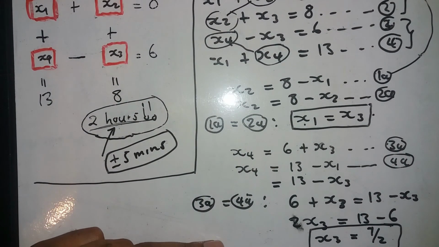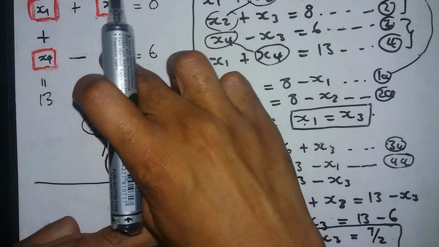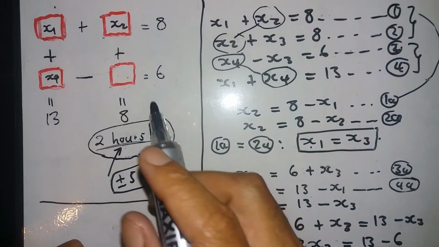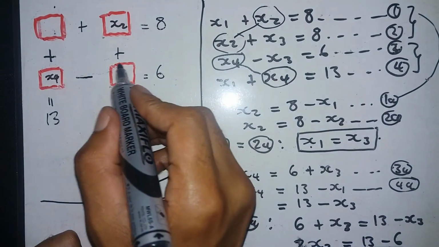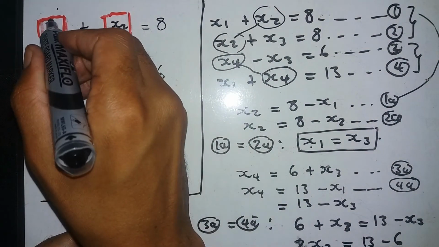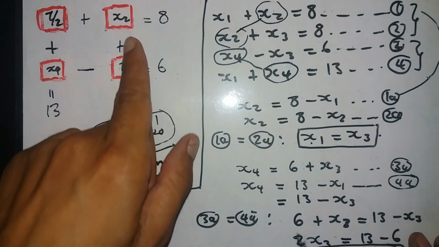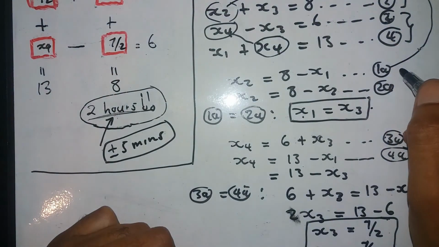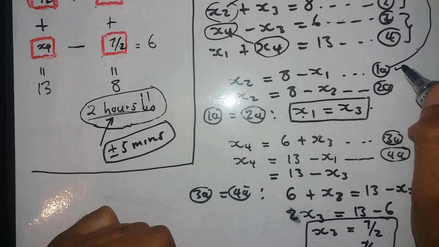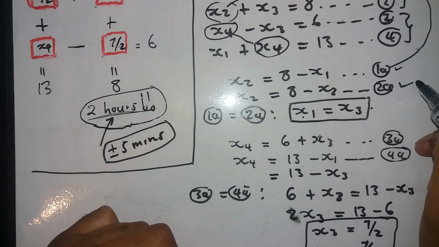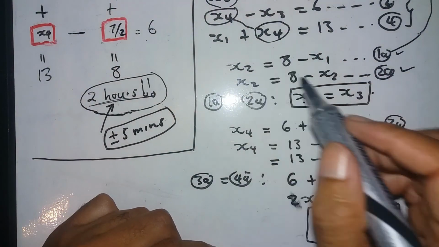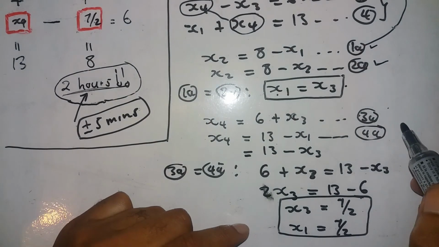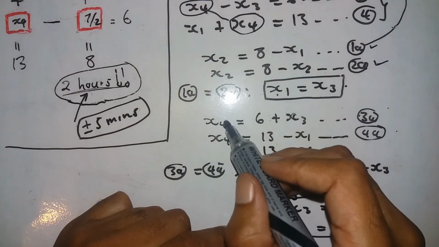Now that I calculated the values for x1 and x3, I just plug them in here: 7 over 2, 7 over 2. Now I need to calculate x2 and x4. The remaining two can be calculated from equations 1a and 2a for x2, and 3a and 4a for x4.